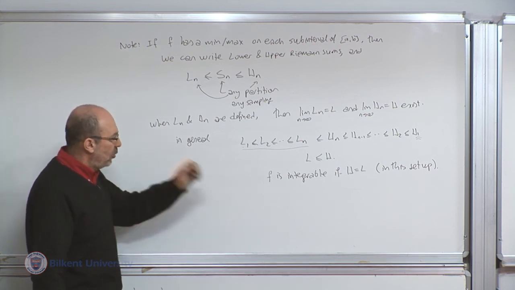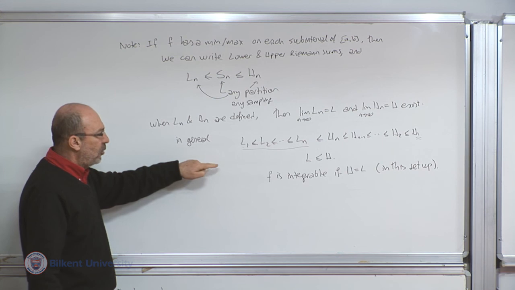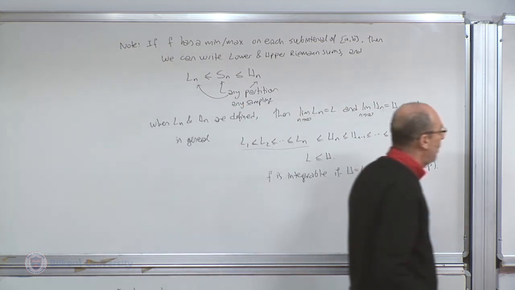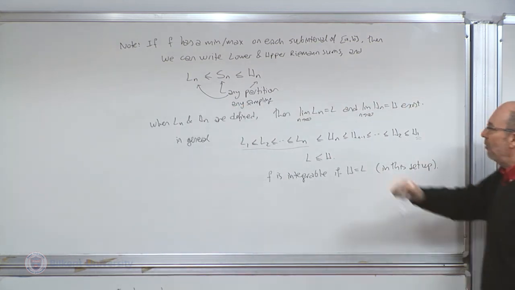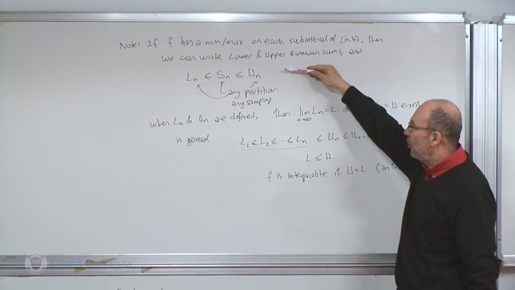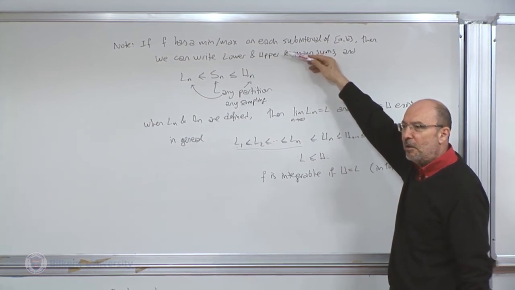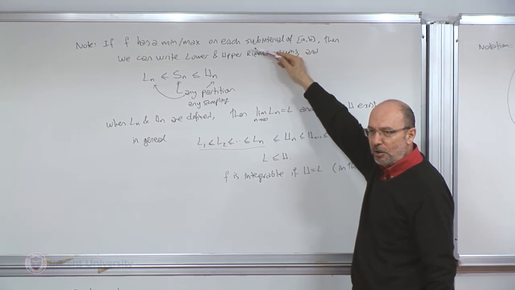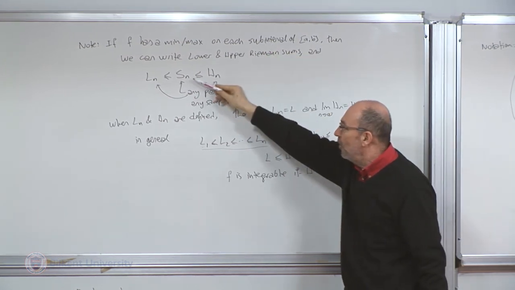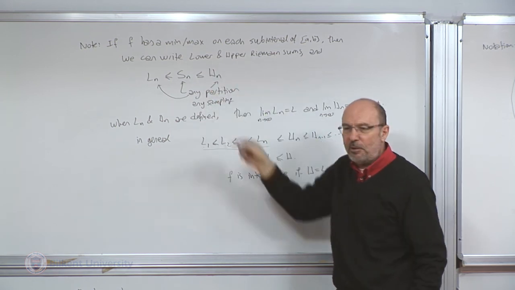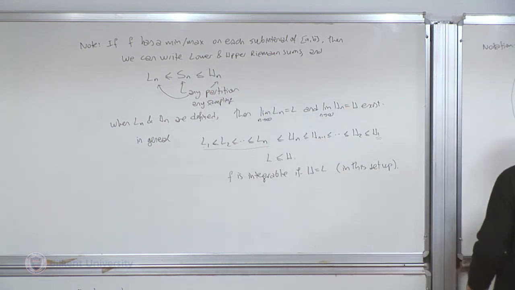So let us do this for x to the power m. Instead of x squared, x to the power m satisfies these properties. On every subinterval, it is increasing, continuous, and has a minimum and maximum. So we can avoid this complicated Riemann sum and just look at upper and lower Riemann sums, which were easy.